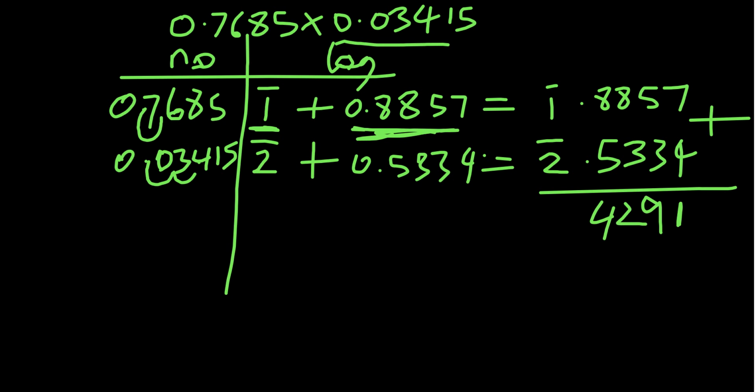Now look at what happens to the one you are carrying, because it is landing at a negative 1, so it has to be 1 minus 1, which is 0. So you'll be left with bar 2.